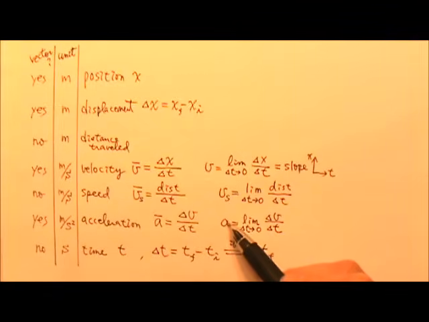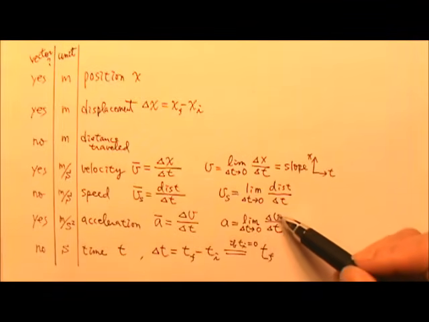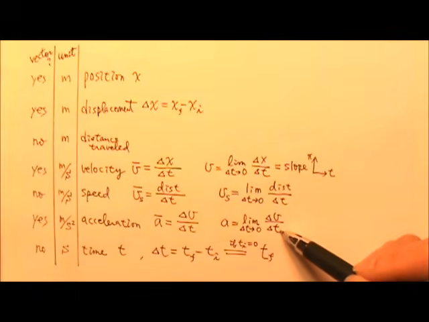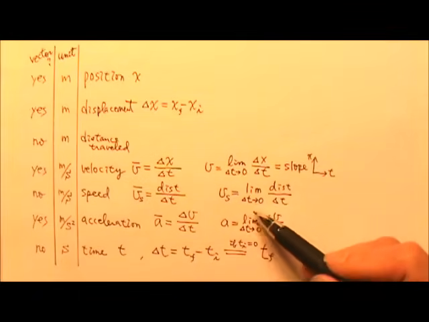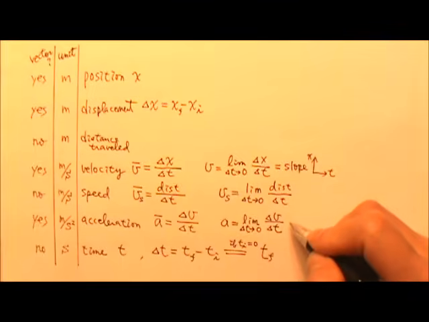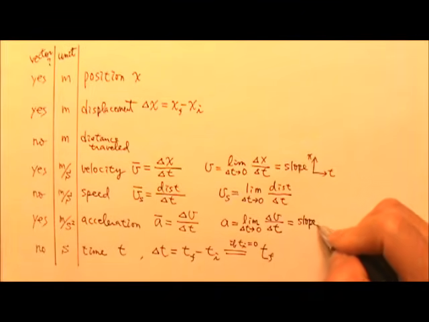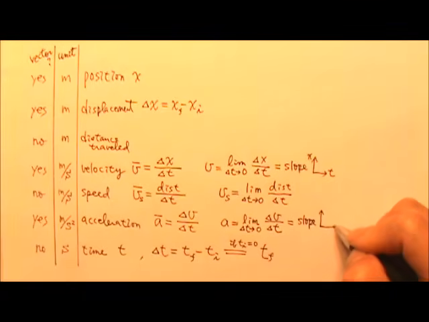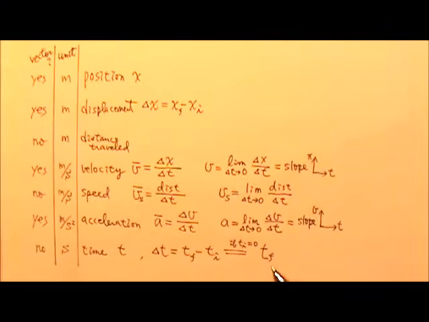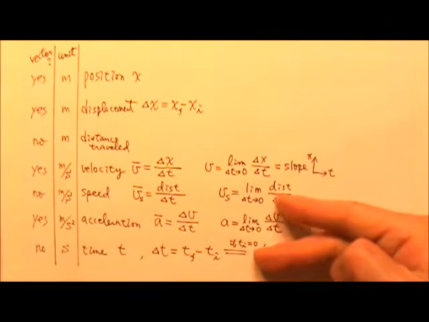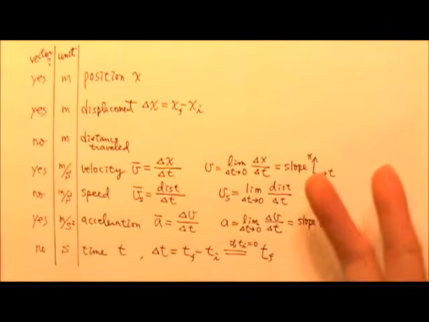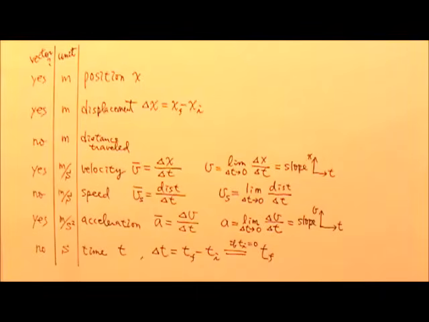Similarly, if we're talking about instantaneous acceleration, since it is an average delta v over delta t over a very short amount of time, that means this would also be the slope, but this will be the graph that is velocity versus time graph, because your delta v is the rise, the delta t would be the run.